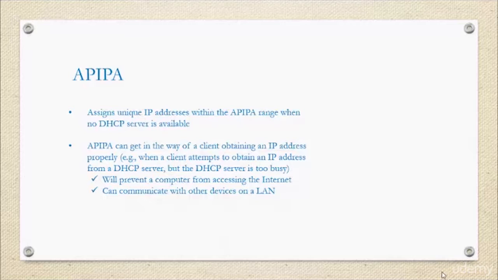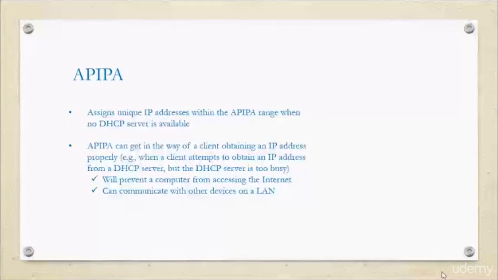So when a client attempts to obtain an IP address, the DHCP server might be too busy or some other issue might come up, and it will prevent a computer from accessing the internet if you have one of those addresses. But the good news is that you can use it to access and communicate with other devices on the local area network.